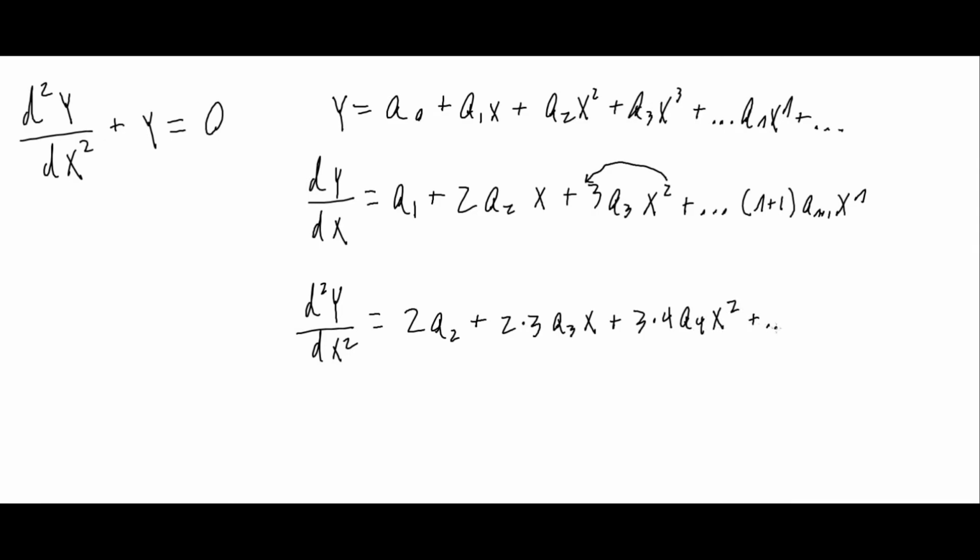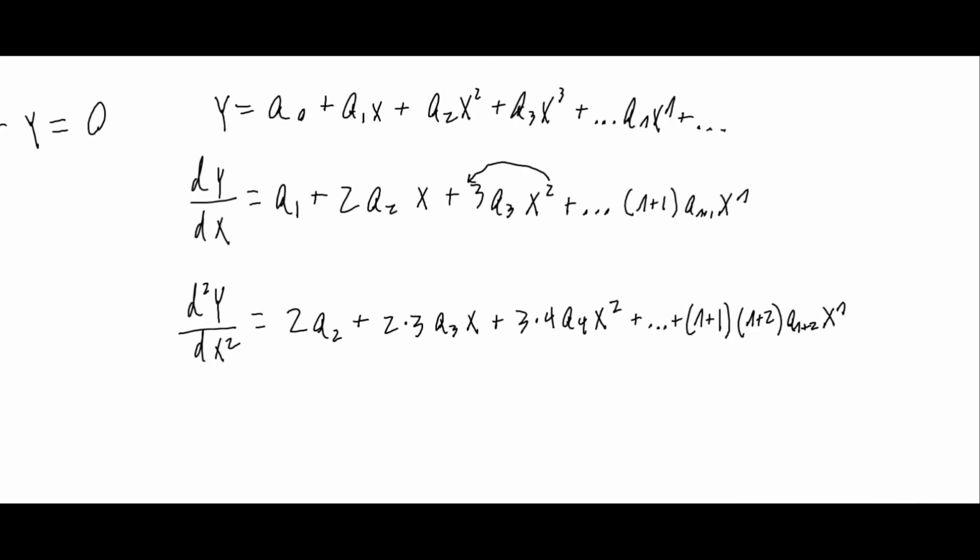And then this will keep going until we get to the general form, which is n plus 1, n plus 2, a n plus 2 times x to the n. And then obviously that will keep going off to infinity.